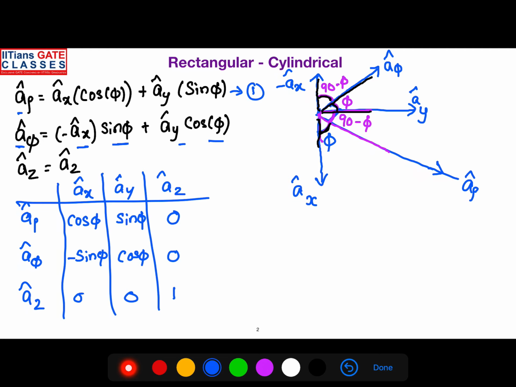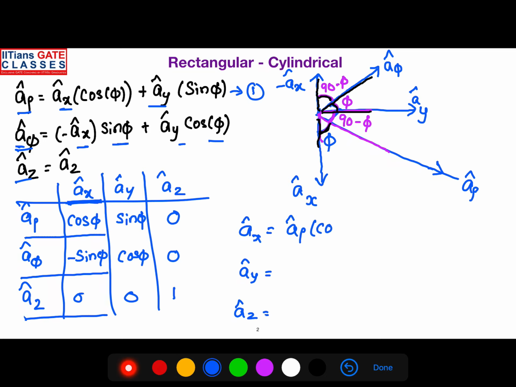So we have seen here how to convert cylindrical into rectangular. If you want to convert it back, I want to write the values of ax cap, ay cap and az cap in terms of rho, phi, z. You can go diagonally. If I want to write ax cap, that is a rho into cos phi plus a phi into minus sin phi plus 0 into az. So that will be a rho cos phi plus a phi into minus sin phi.